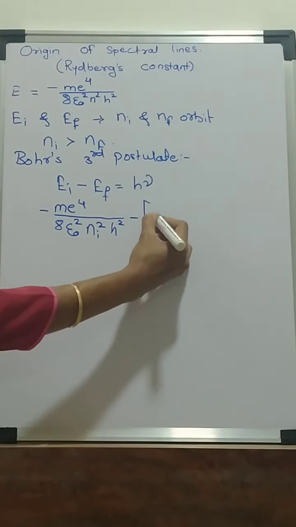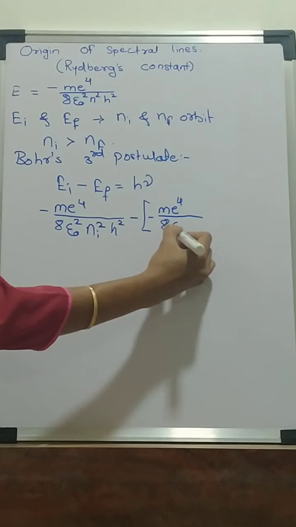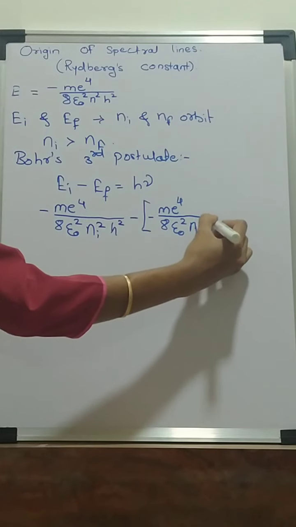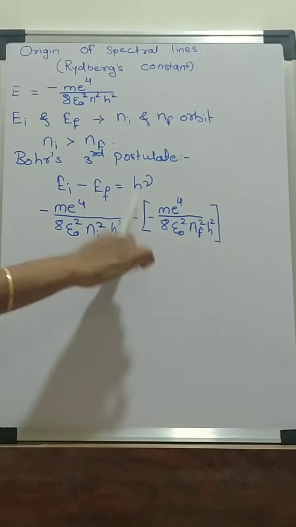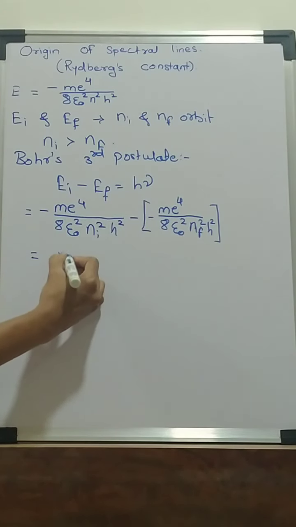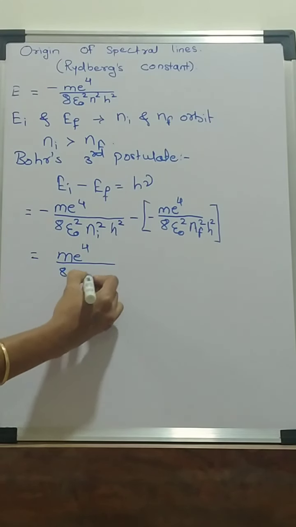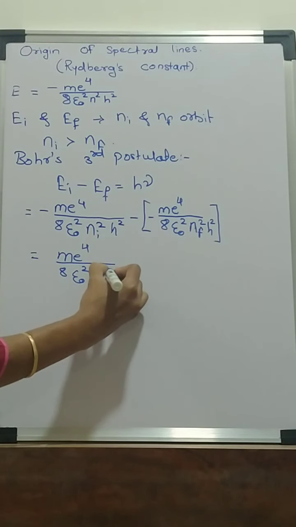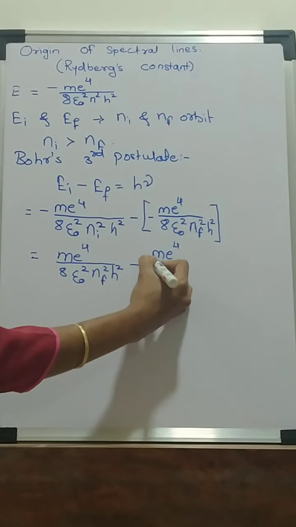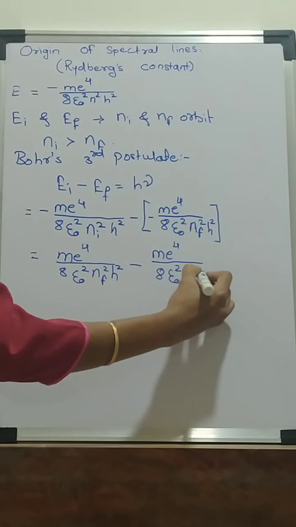EF is again minus me raised to 4 upon 8 epsilon naught square Nf square h square. This minus minus will become plus. So we will get me raised to 4 upon 8 epsilon naught square Nf square h square minus me raised to 4 upon 8 epsilon naught square Ni square h square.